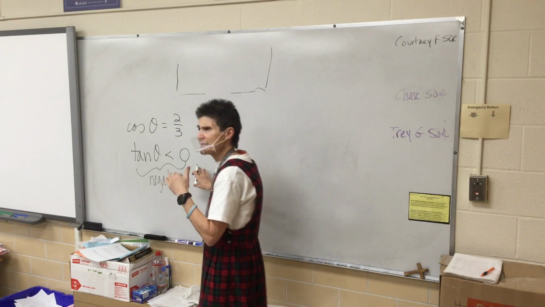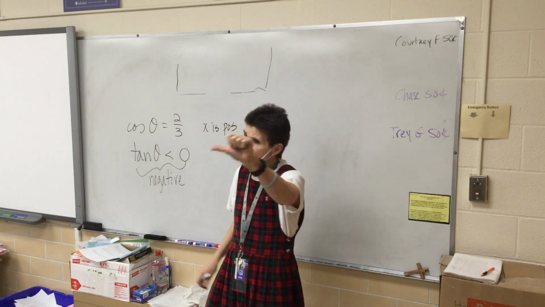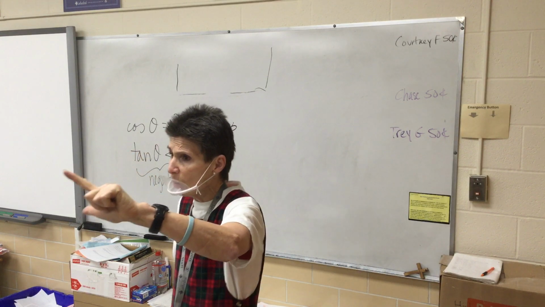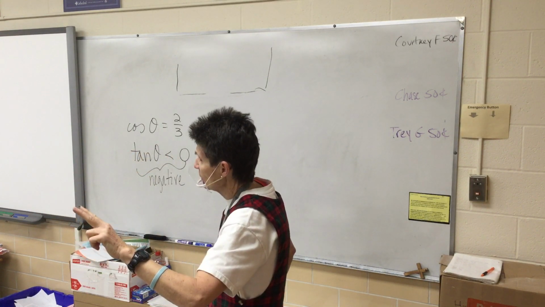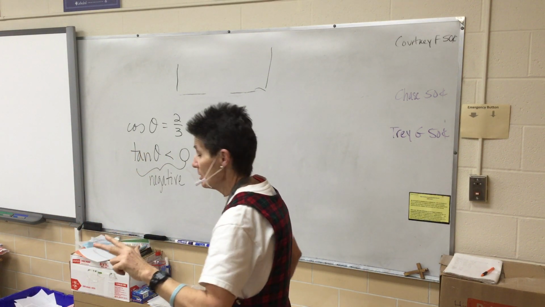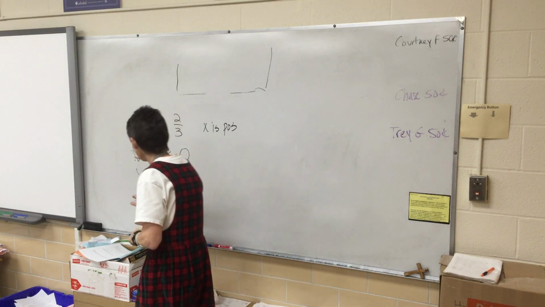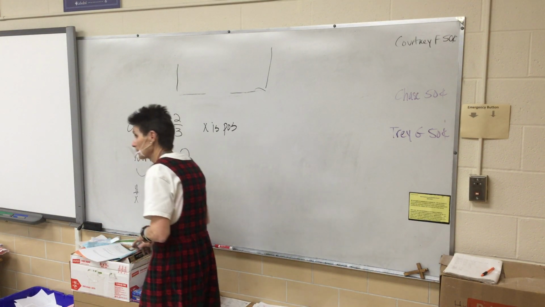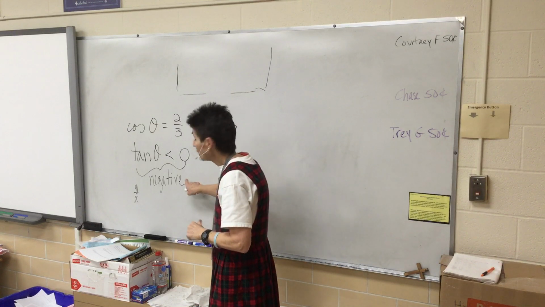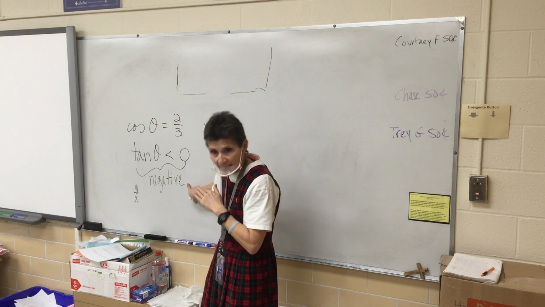Now, what does tangent go with? Cosine goes with x, sine goes with y. What does tangent go with? Both. So tangent is y over x. And according to the problem, it's negative.